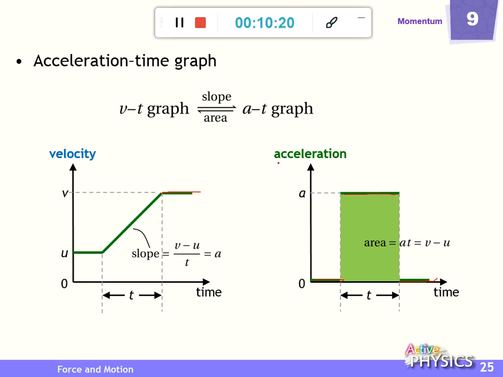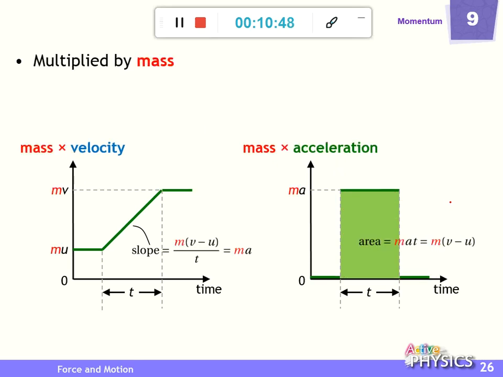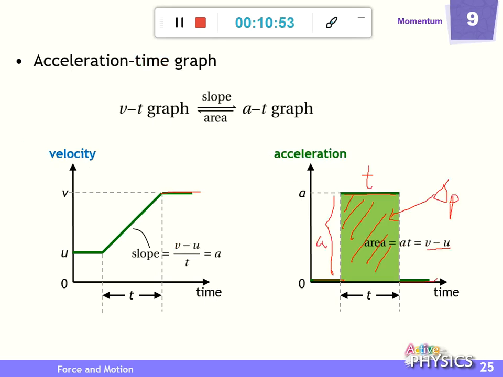And then, in the last chapter, we know the AT graph. From the AT graph, we can find the area under the graph. What is it? The height will be a, the width will be the time. at means change in velocity. Sorry, my mistake.